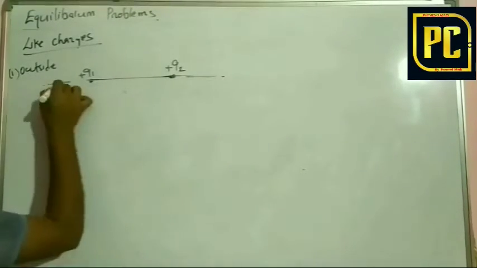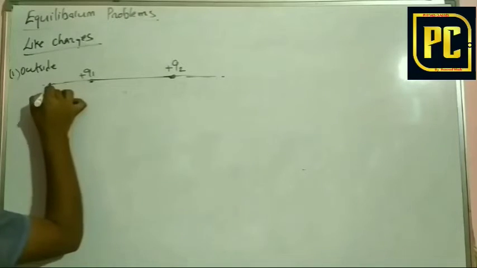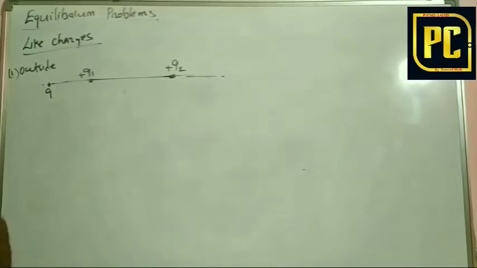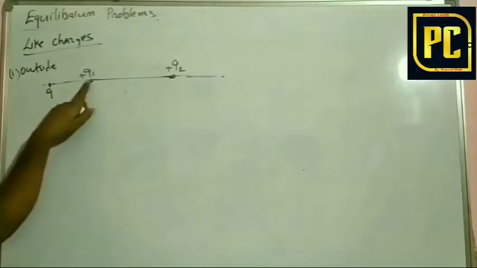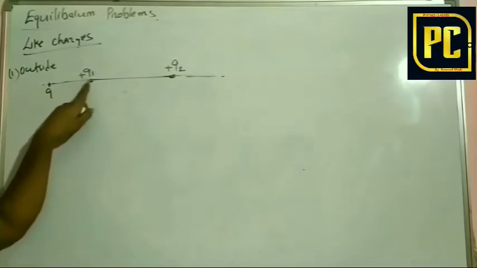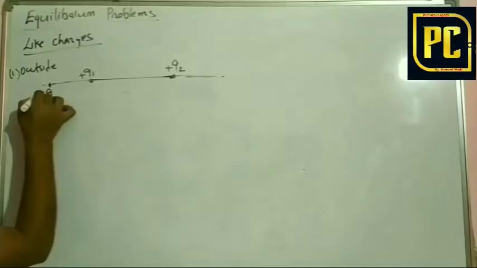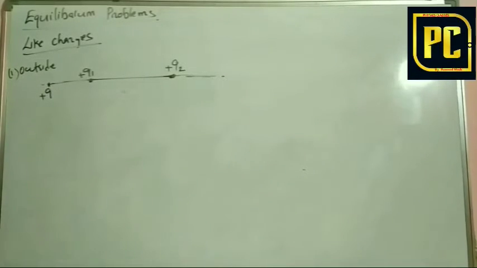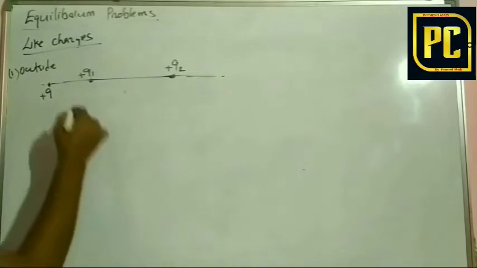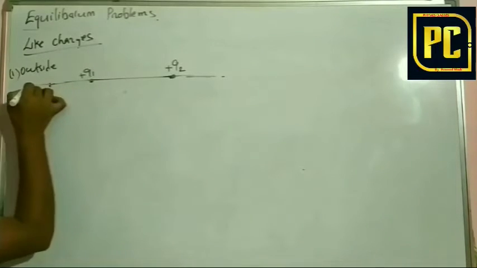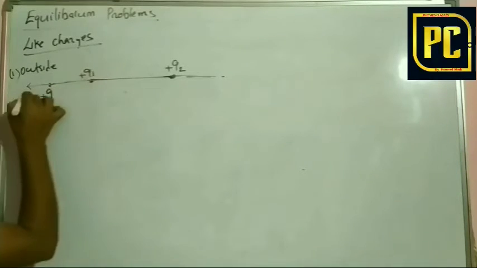If the third charge I have placed is somewhere here, Q, there will be some force on it due to Q1. Let me take this third charge also to be positive, so there will be a repulsive force on Q due to Q1.